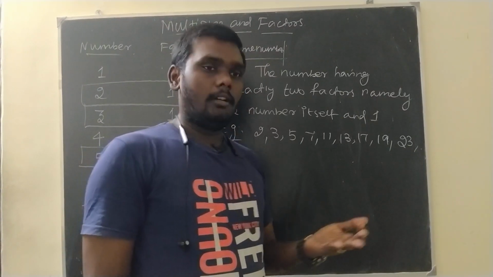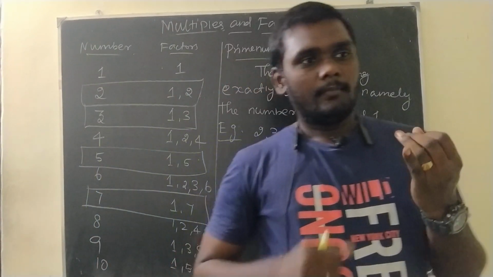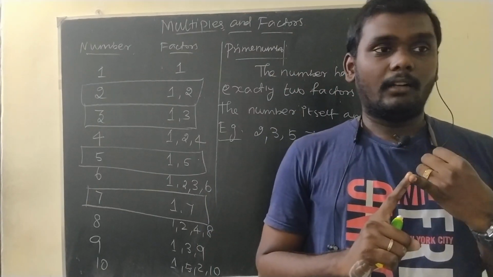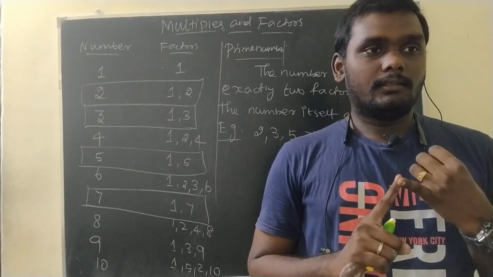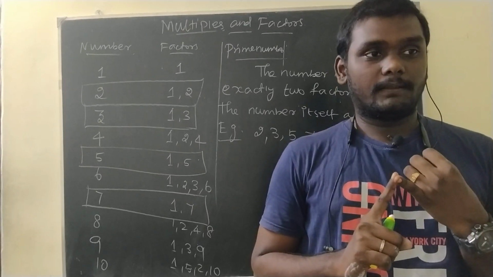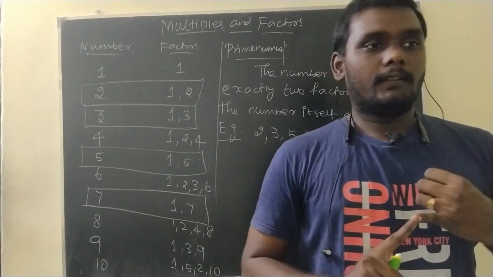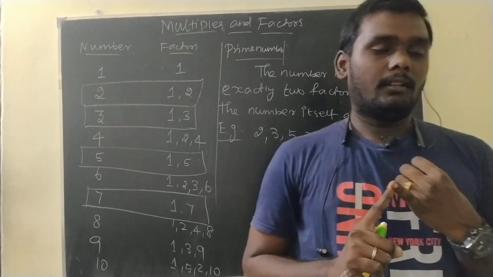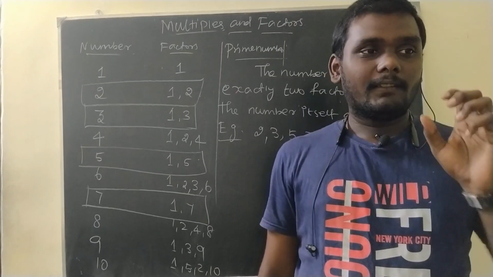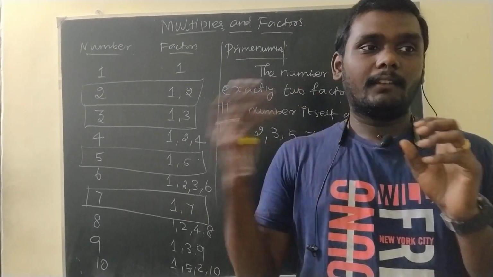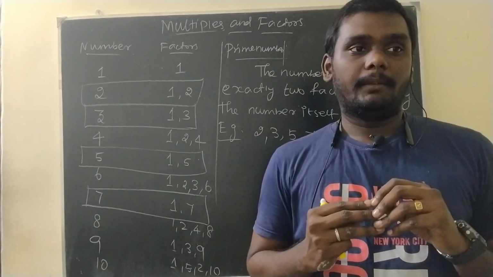Okay. So, what are all the things we have seen so far? I told you about multiples of a given number. Multiple means the number multiplied with natural numbers, counting numbers. Those are called multiples of the number, and the multiples of a number are infinite, in which the least number is the number itself, and the greatest number cannot be determined.